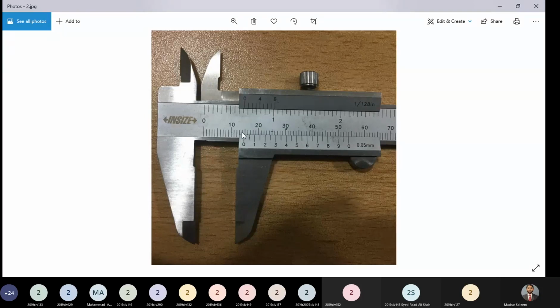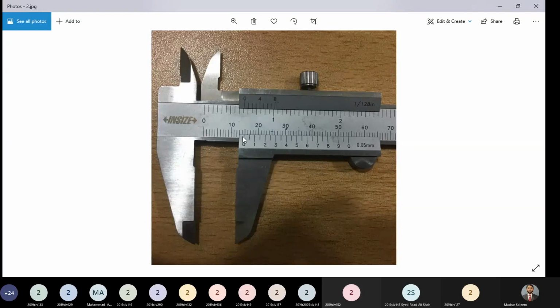I would suggest you guys to have a copy and pen with you and keep on noting this stuff. So I have numbered the images. This is image number 2. For image number 2, you can record the measurements that we are reading from this instrument. The main scale reading in this case is 14.